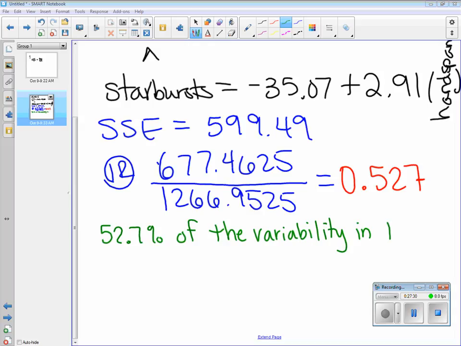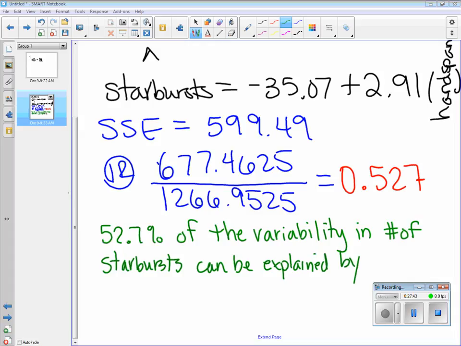So the variability in the number of starbursts can be explained by what? Hand span. Good. Hand size, hand span, whatever.